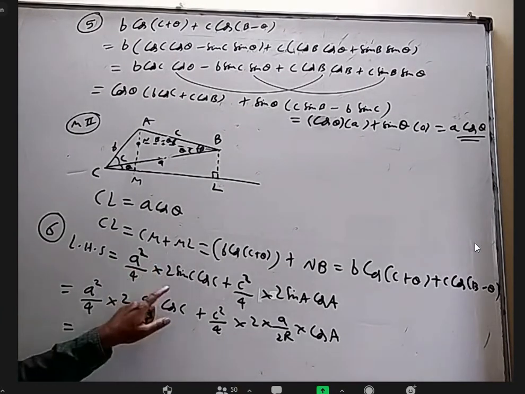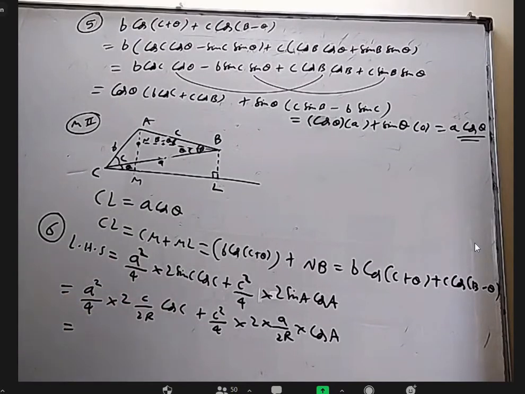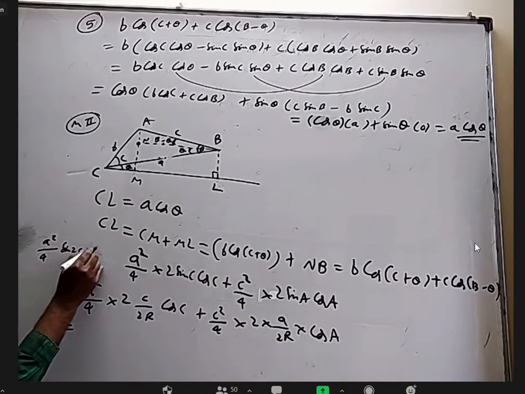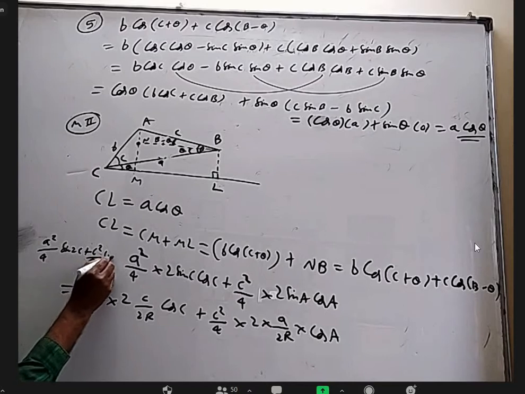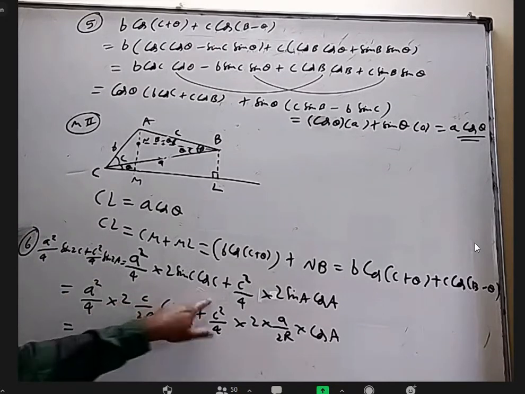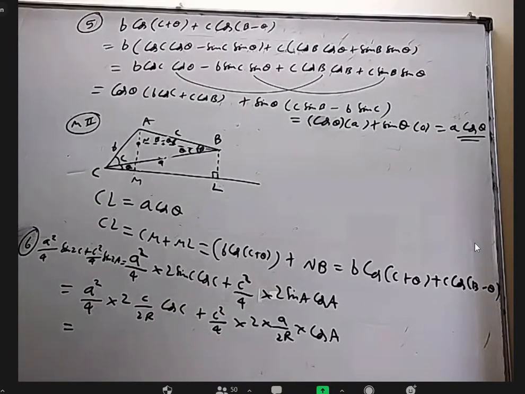Sine 2c is 2 sine c cos c, sine 2a is 2 sine a cos a.